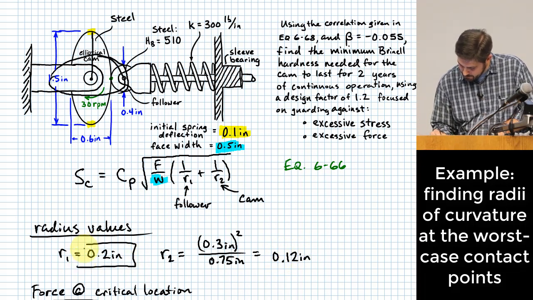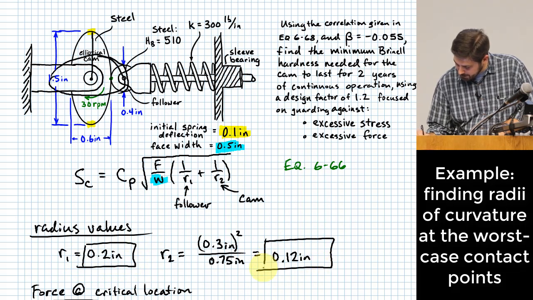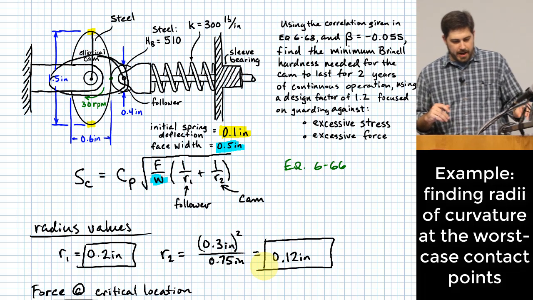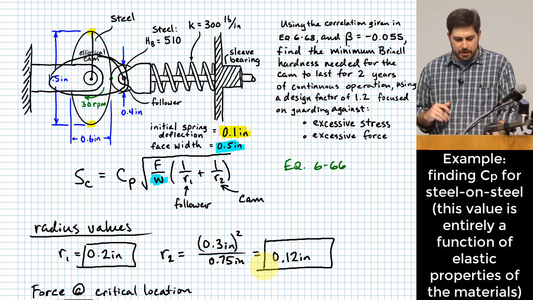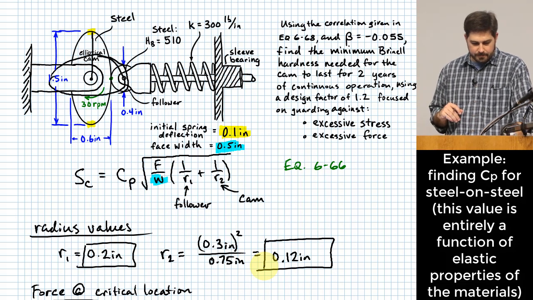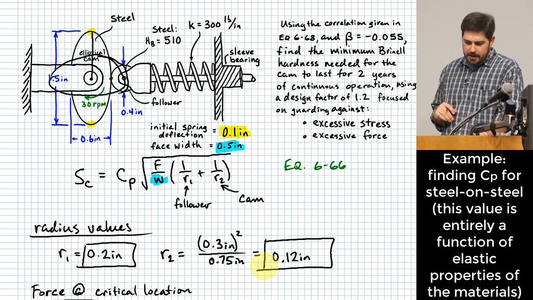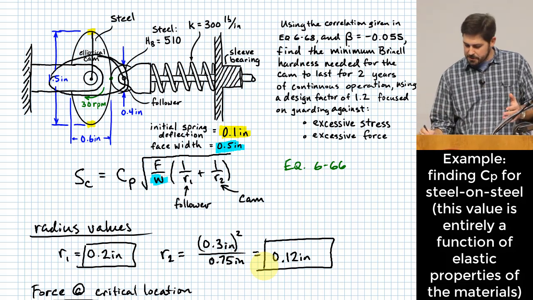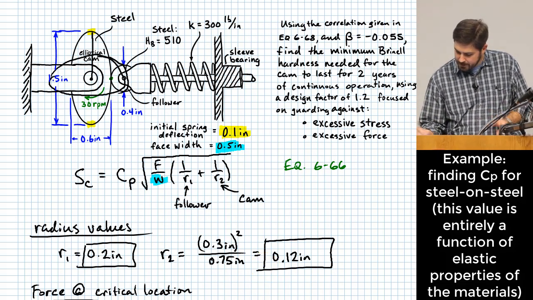Okay? So there's a couple other values that we needed. The next one we need to look at is this C sub p term. C sub p is a factor that is just a material property.